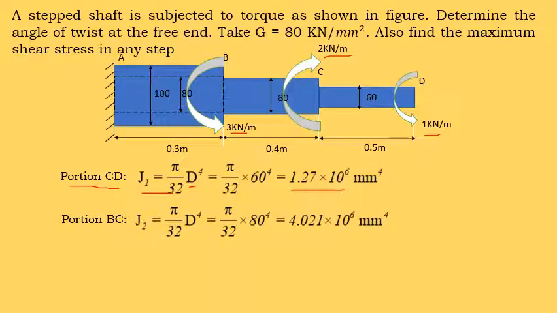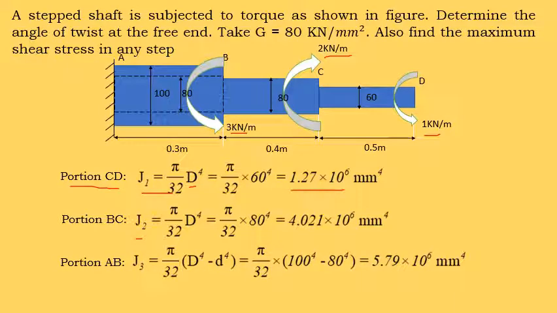Now let us consider the second portion BC. Polar moment of inertia J2 becomes, after simplifying, 4.021 into 10 to the power of 6 millimeter to the power of 4.